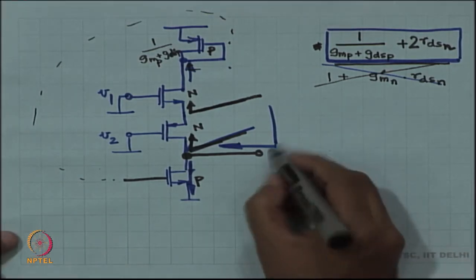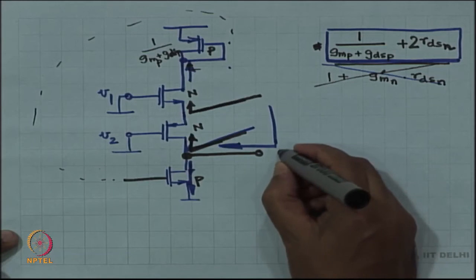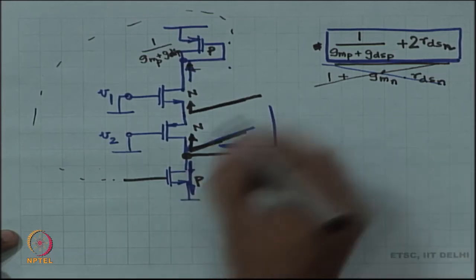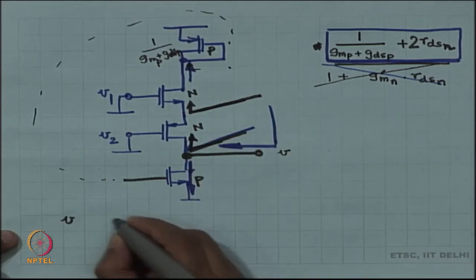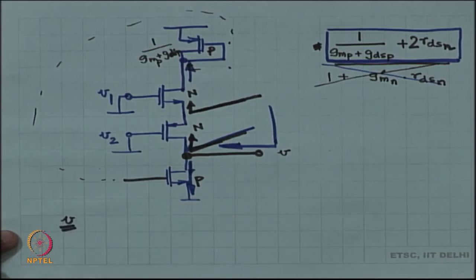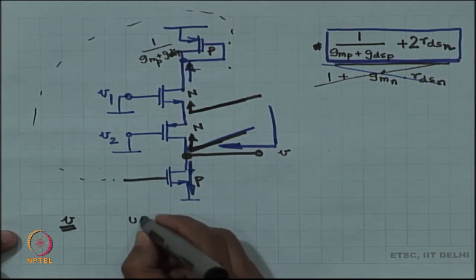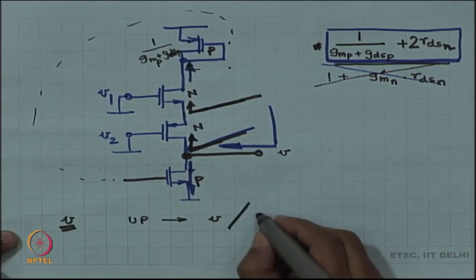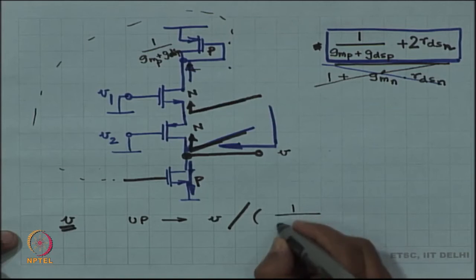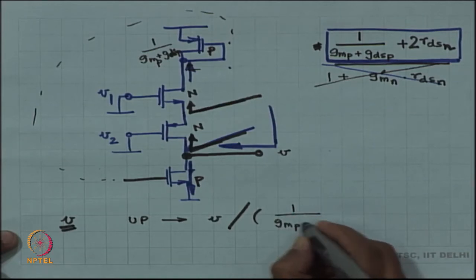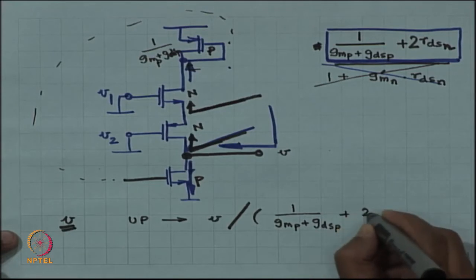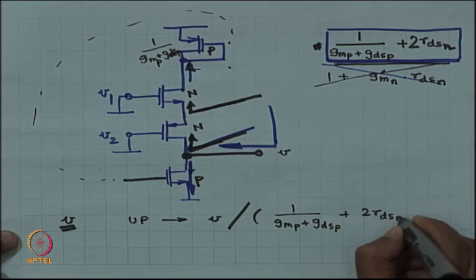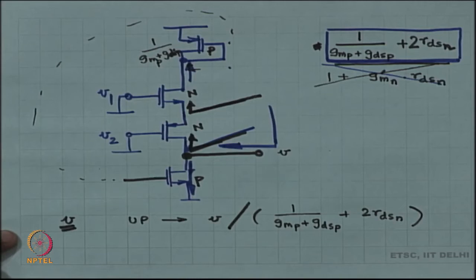So, I apply a voltage V over here, the current going up is V divided by this much.